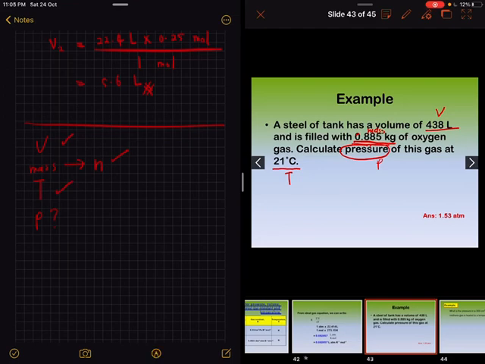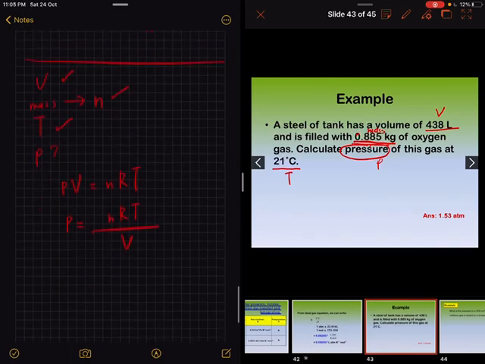So, which formula should you use in this question? Yes, the answer is by using the ideal gas equation. PV equals nRT. So to get the pressure, P equals nRT over the volume.